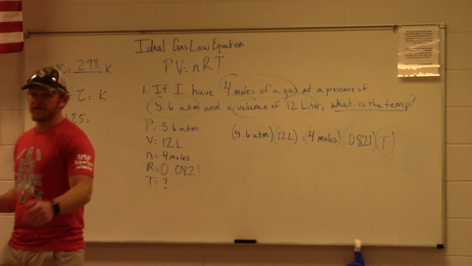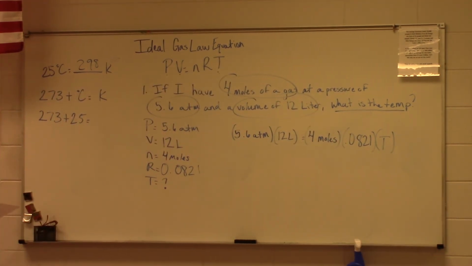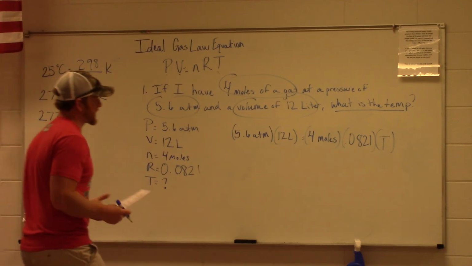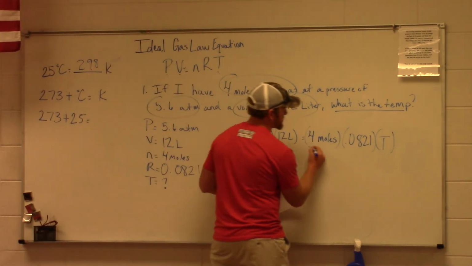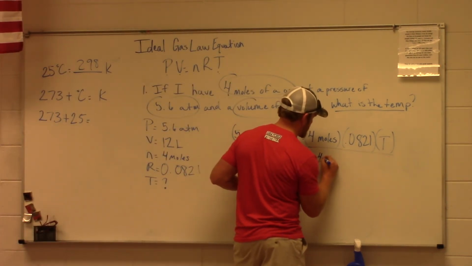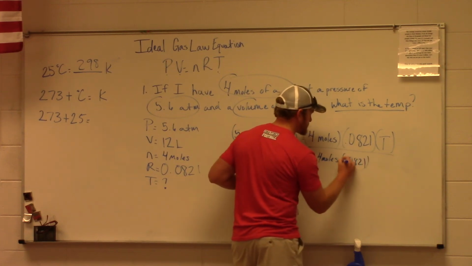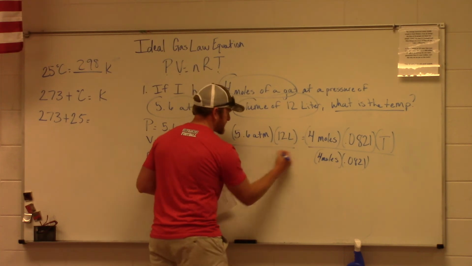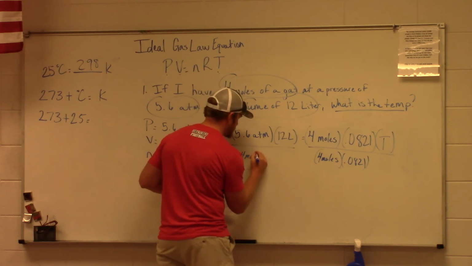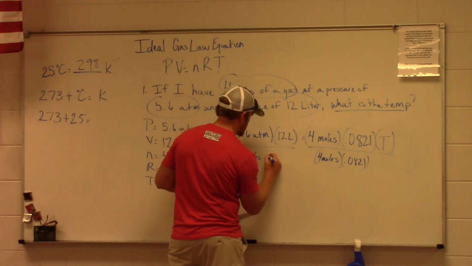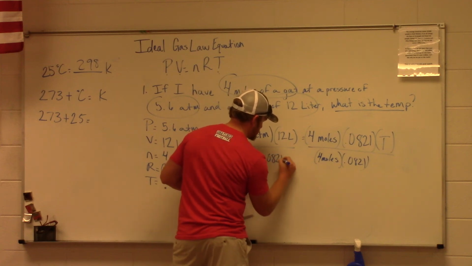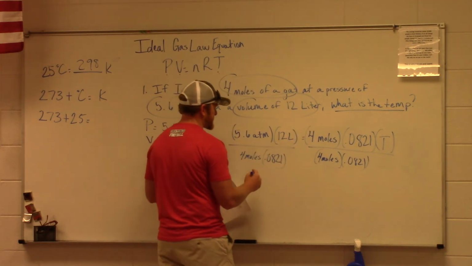That's all we have to do. Now it's just a simple plug and chug. We put it in our calculator and get T by itself. I'm just going to move these over.